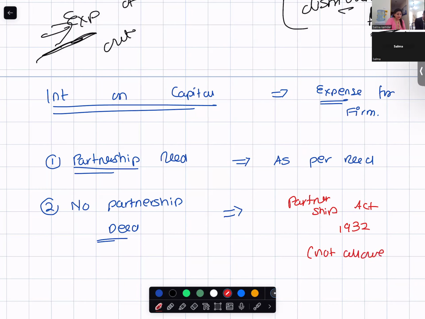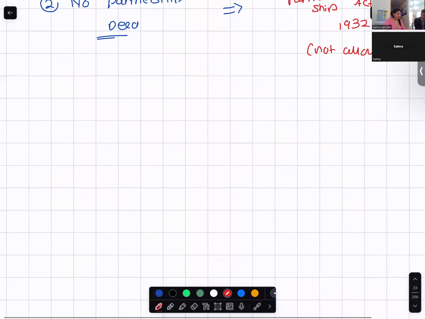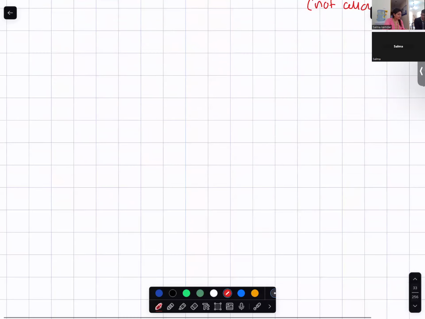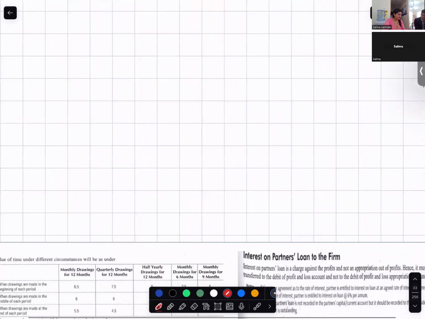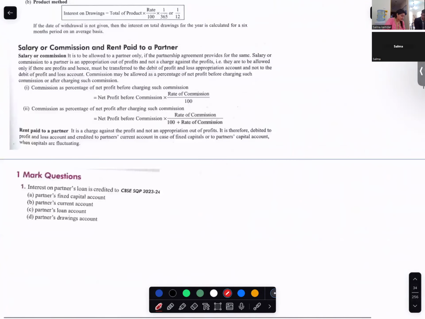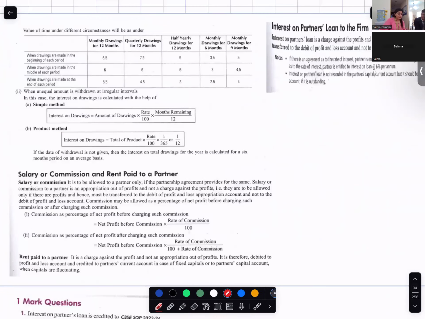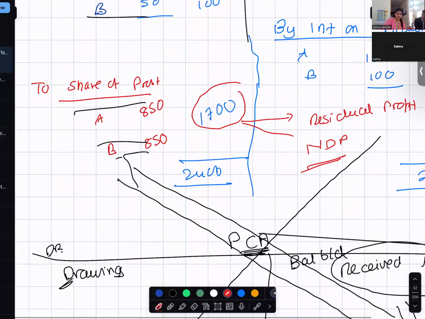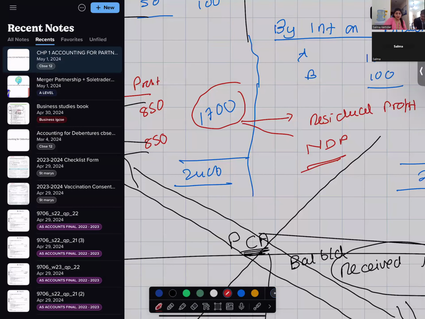If there is a partnership deed, we give interest on capital as per the deed. If there is no partnership deed, we follow the Partnership Act, and the Partnership Act does not provide for any interest on capital.